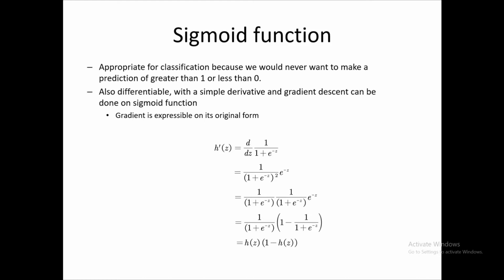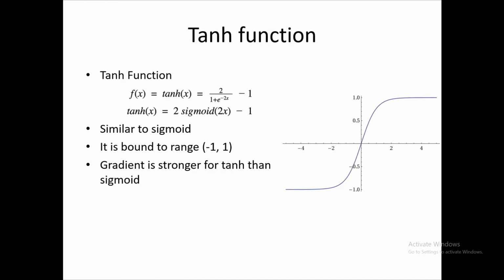As we have seen before, while doing gradient descent we have to estimate the gradient of the error, and it will come in use when updating the parameters.